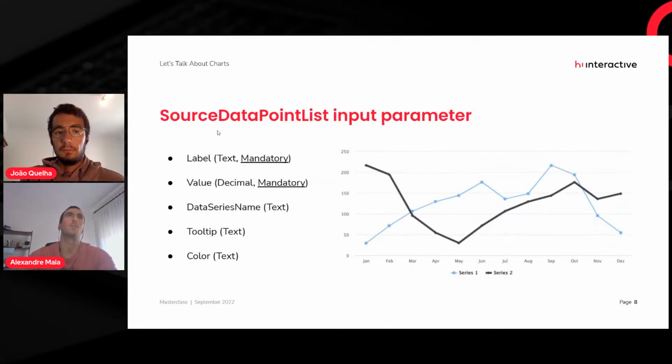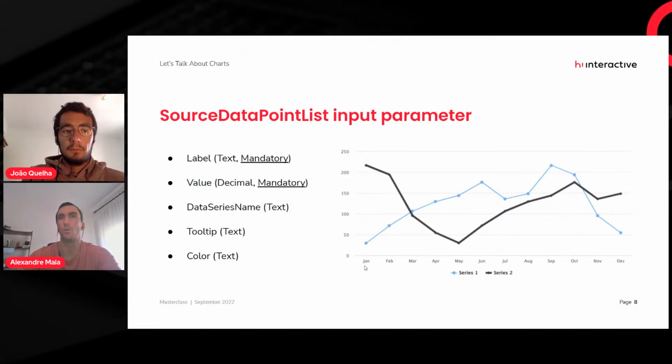Now we can talk a bit more in detail about this input parameter. It is a structure, so it has 5 attributes. You can see here the label, which is mandatory, and the value, which is also mandatory. So you need to make sure that you are providing both of these values. The label corresponds to the X values that you have here on the chart.